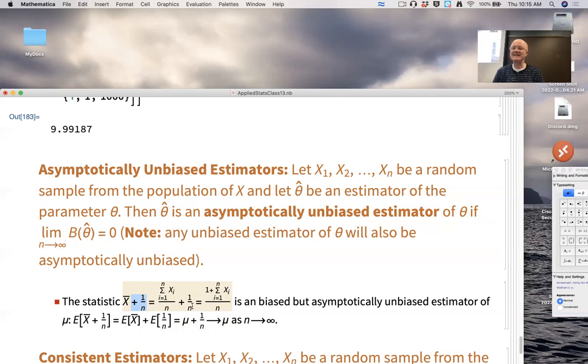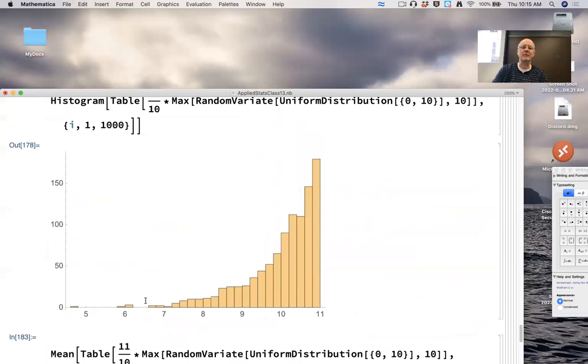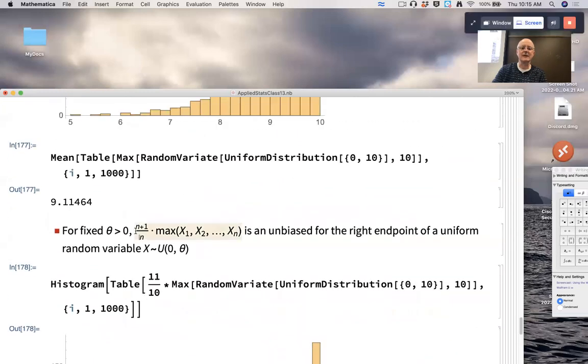And so what I'm trying to say is there's infinitely many estimators you can use for mu. Is x bar the only unbiased one? Truly unbiased? No, not necessarily. Going back to the uniform example, that's an unbiased estimator for the right endpoint.